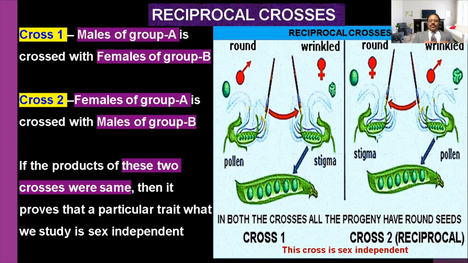Clear? So this is done by Mendel. This cross is sex independent. Sex is not dependent. So in this reciprocal cross, sex is independent. To identify whether sex is involved in the inheritance of a trait, for that purpose only we are doing the reciprocal cross.